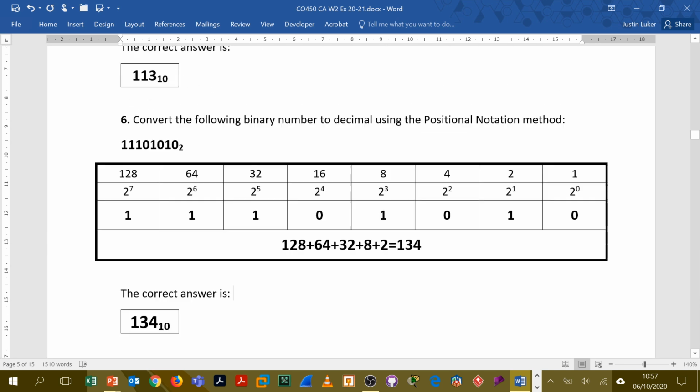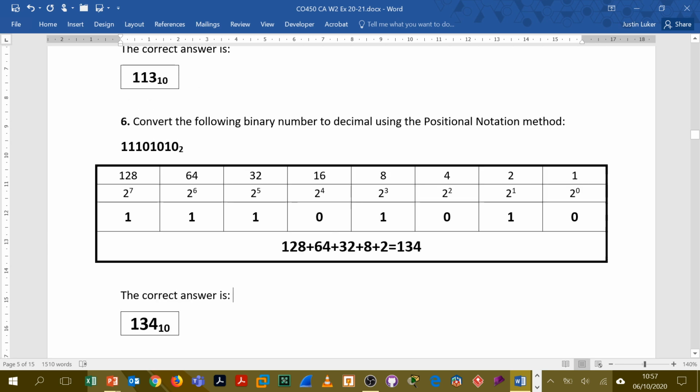Okay, so that was positional notation. There's a couple of examples, which should give you enough to get your teeth into it. It's straightforward, it's just a question of remembering the powers of 2: 1, 2, 4, 8, 16, 32, 64, 128, 256, 512, 1024, as we go up.